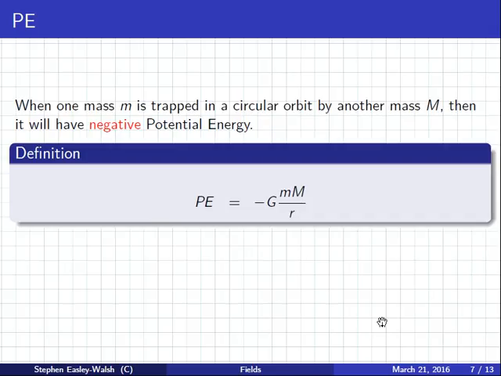Okay, so just like in the last lesson, we have a formula for the potential energy in a gravity field. Minus GMm over r.